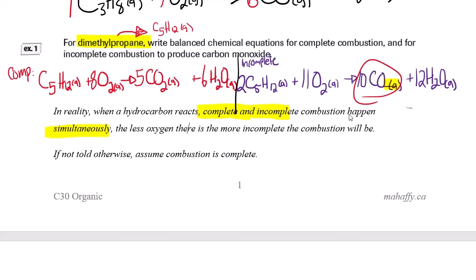And so that means that it's very unsafe to have that happen inside. But we have to tell you what's going on. So in Chemistry 30, if you're not told otherwise, assume that if you just see us talking about combustion, we mean complete combustion. If it's incomplete combustion, we'll tell you, and often we will tell you as well that it's complete combustion.